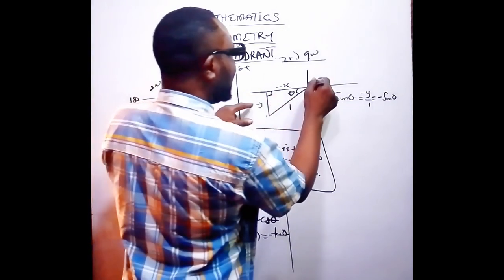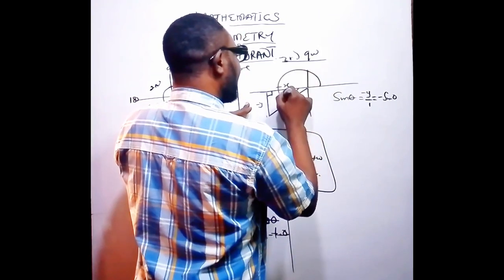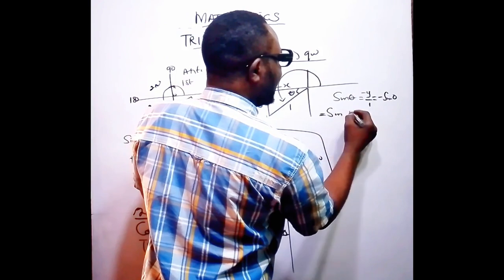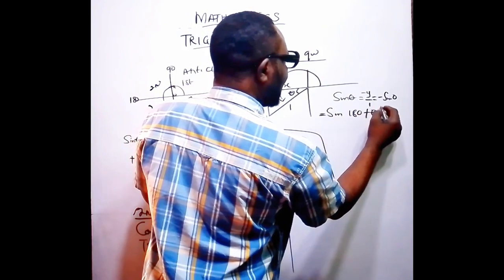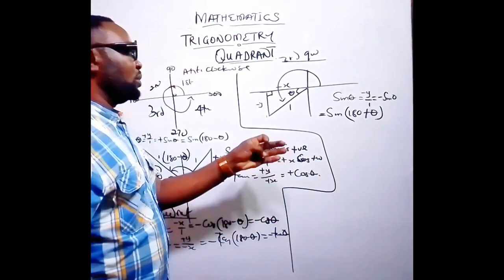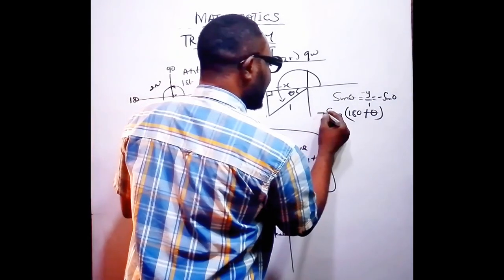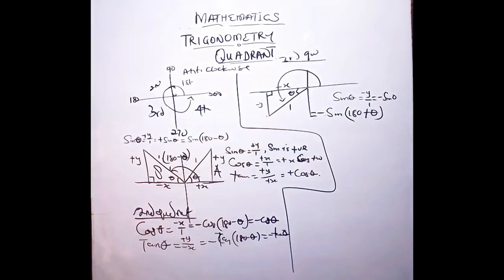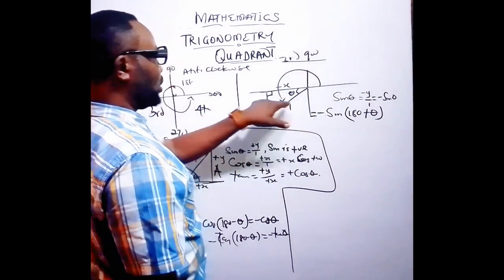At the third quadrant, from here to here, that's sine 180 plus theta. Don't forget that it is a negative value we get for sine here. So it's equal to minus sine 180 plus theta. So sine is also negative at the third quadrant.